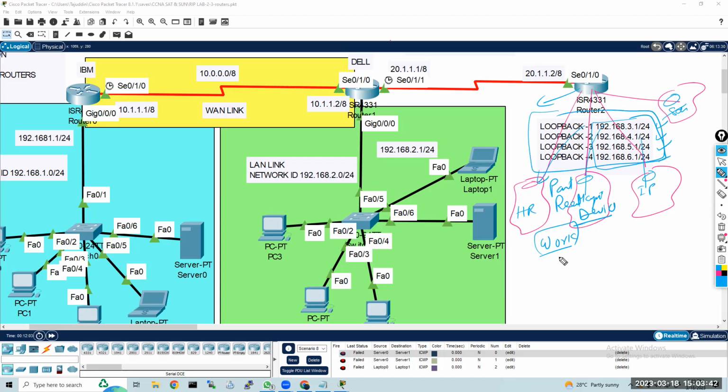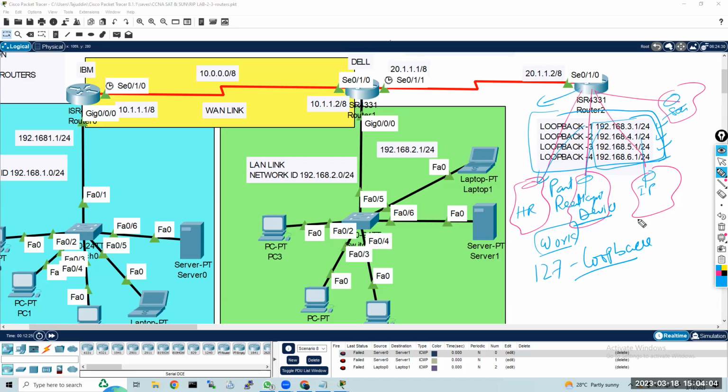The loopback range starts from 127 by default. It is used for testing. It is also used for the router ID.